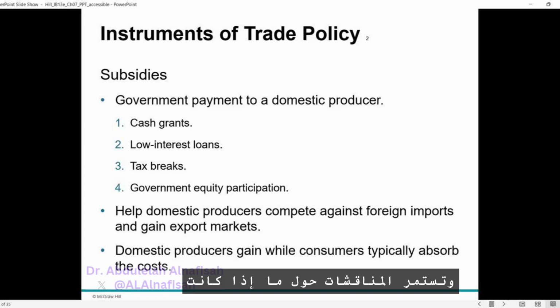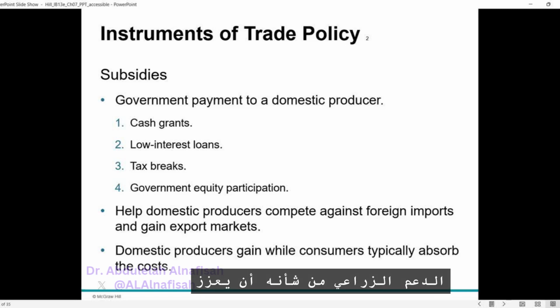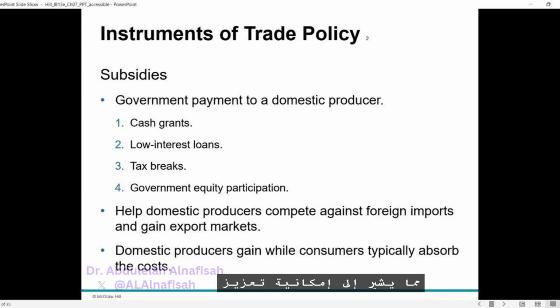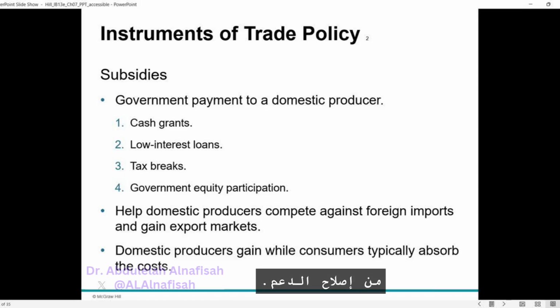Debates persist on whether subsidies outweigh their costs, with concerns that they often shield inefficiencies and spur overproduction. Studies suggest that eliminating agricultural subsidies could significantly boost global trade and wealth, indicating the potential for enhanced efficiency and economic gains from subsidy reform.